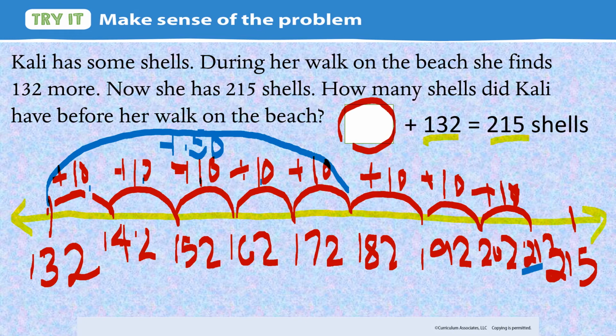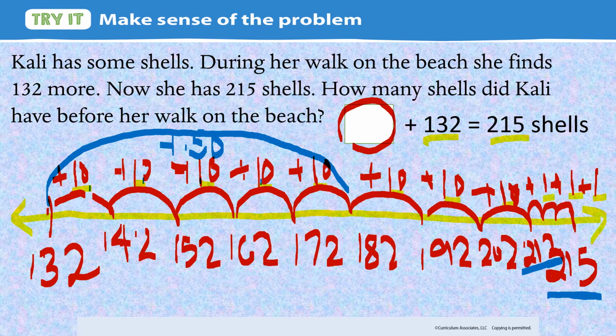So now I'm at 212 here, and I need to get to 215. So now I'm going to count by ones. So 213, 14, 15. And that was plus 1, plus 1, plus 1. So what do I have as my total? Well, I have to count my jumps to find out what my total is. So I have all of my tens that I'm going to count, and I know that I have 8 tens. 10, 20, 30, 40, 50, 60, 70, 80, 81, 82, 83.